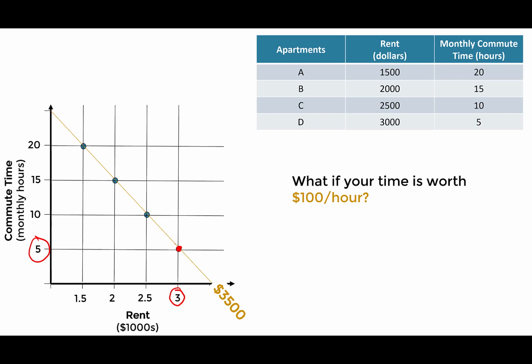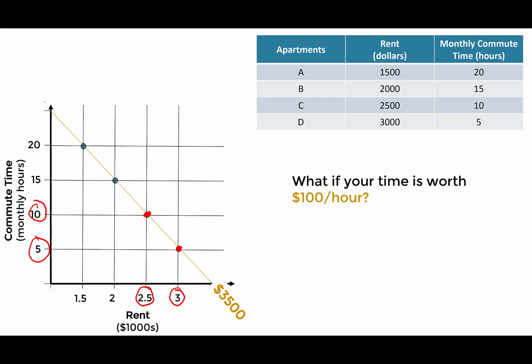If we go to apartment C, one up from that one, our rent is $2,500. We're going to add 10 hours times $100 an hour. So that also equals $3,500. And in fact, anywhere on this line is indeed $3,500.